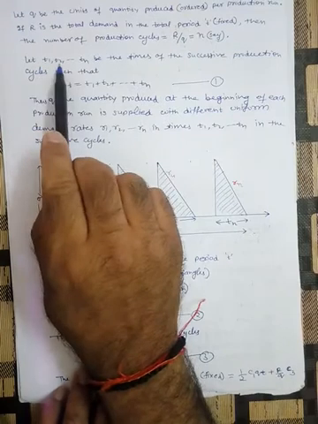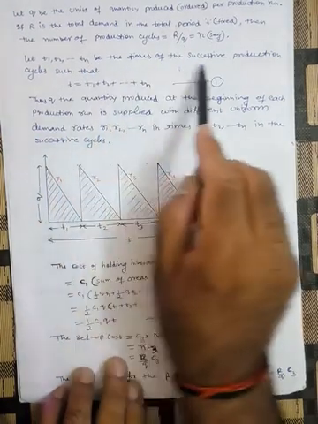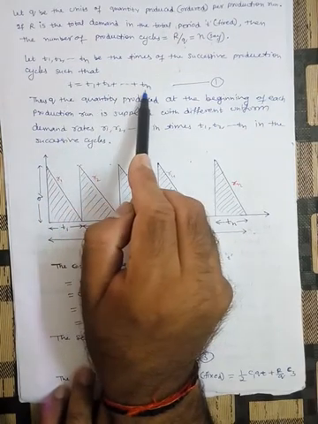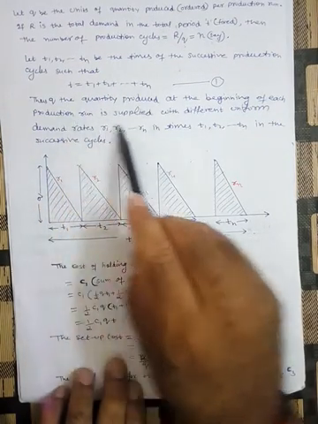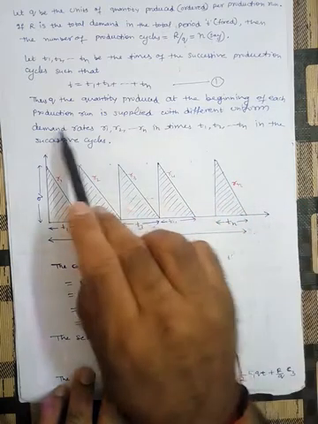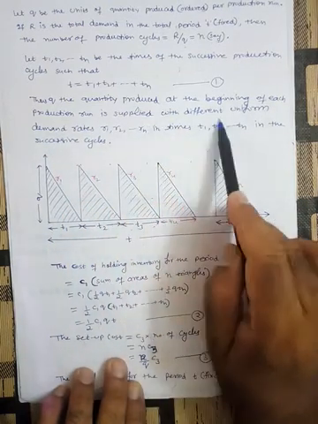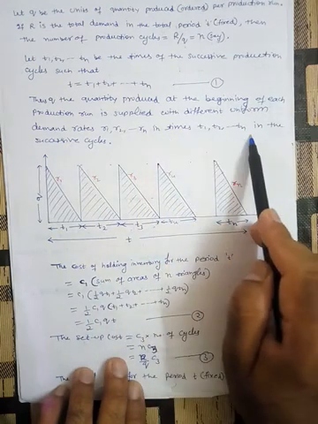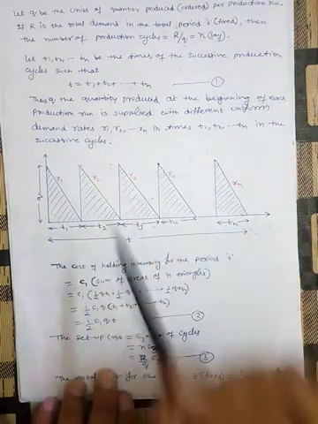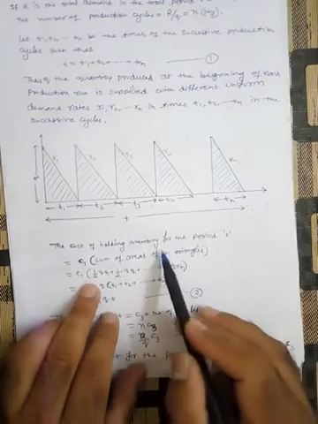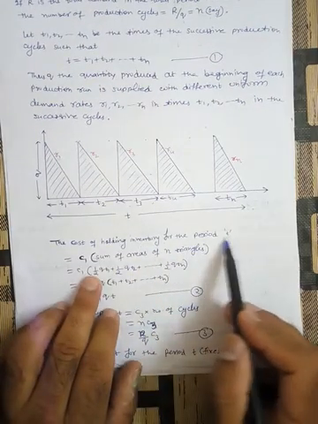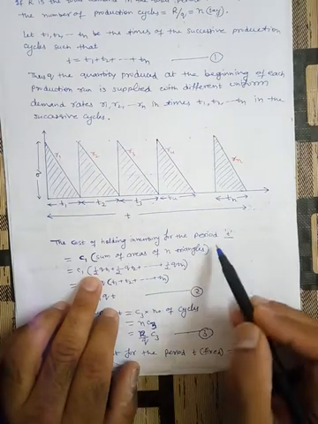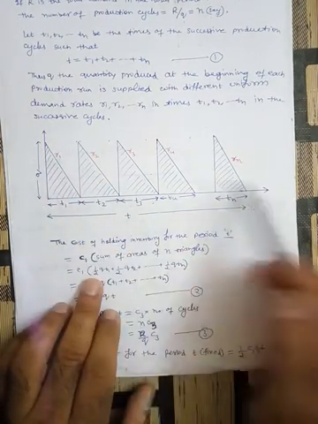Let T1, T2, Tn be the times of successive production cycles, such that T is T1 plus T2 plus Tn. Thus Q, the quantity produced at the beginning of each production run, is supplied with different uniform demand rates R1, R2, Rn in times T1, T2, Tn in the successive cycles. So now the total holding cost of inventory for period T. However, in the previous case we took only the first period, we did not take the entire one.